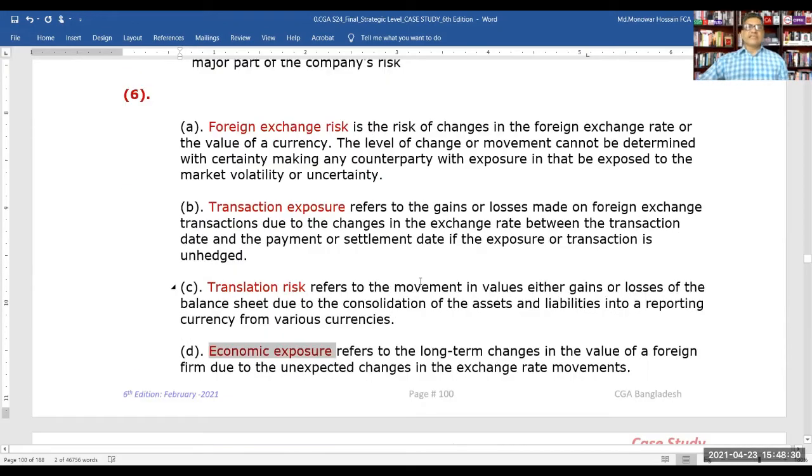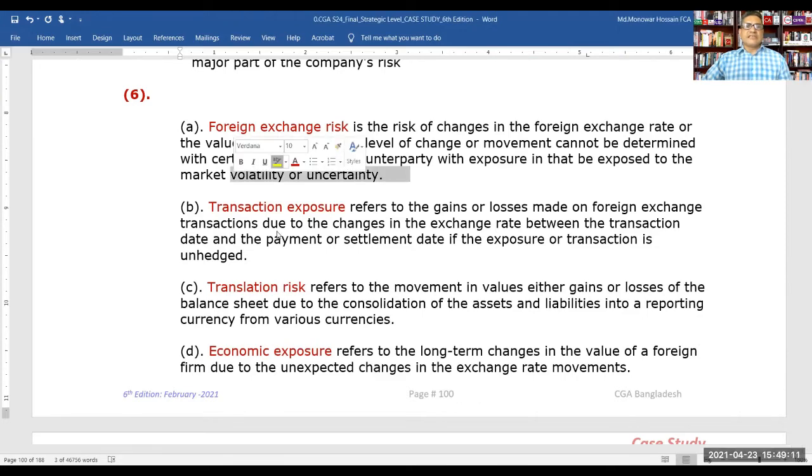Foreign exchange risk is the risk of change in the foreign exchange rate or the value of a currency. The level of change or movement cannot be determined with certainty, making any counterparty with the exposure exposed to market volatility or uncertainty. So that is foreign exchange risk.